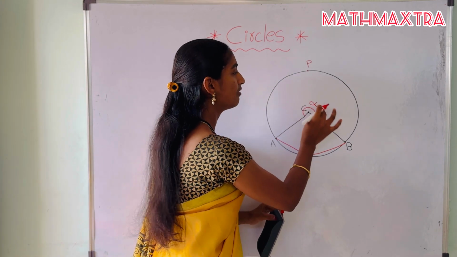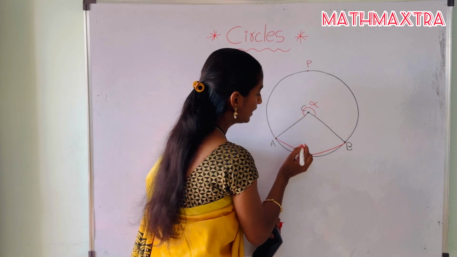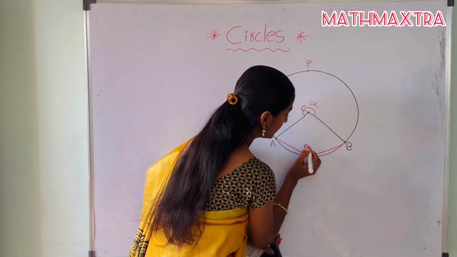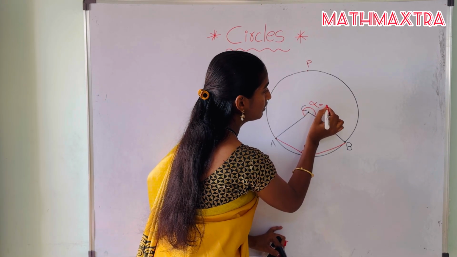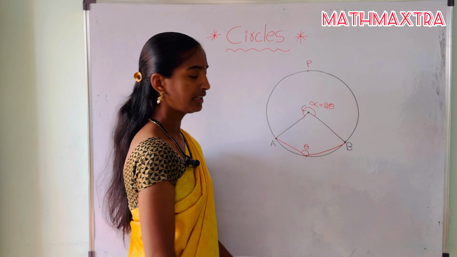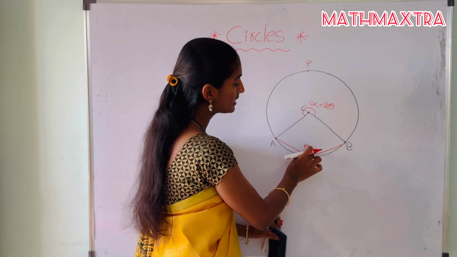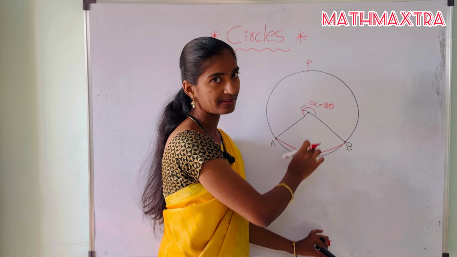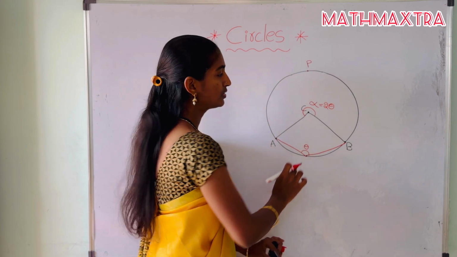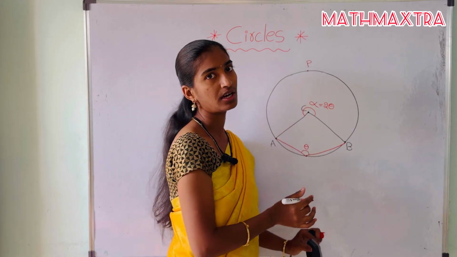If this is theta, what is the value of alpha? This is 2 theta, isn't it? Yes, this is the angle subtended at the center, and this is the angle subtended at any other part of the circle. So we have seen the same relation also applies with the major arc.